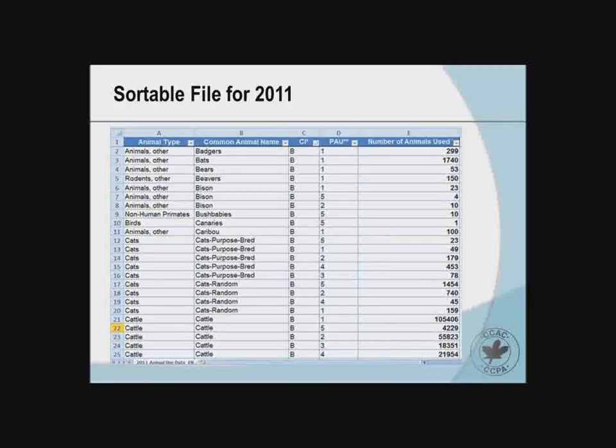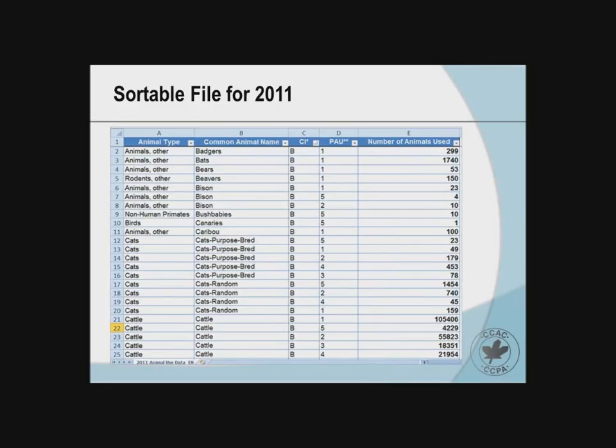So I hope following the webinar that you will have an opportunity to go and look at both the summary report and the in-depth Excel spreadsheet. So again, this is a screenshot of the sortable file which I showed you before. And I just wanted to stress that if people are interested in greater detail, then they're able to sort the data themselves using the Excel file.